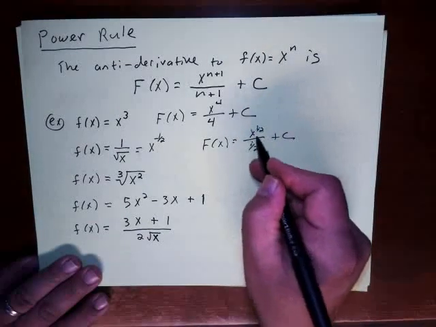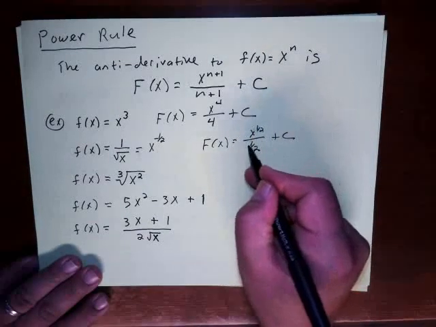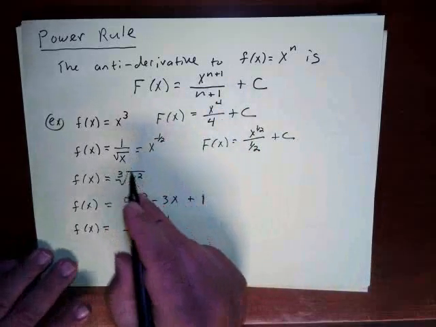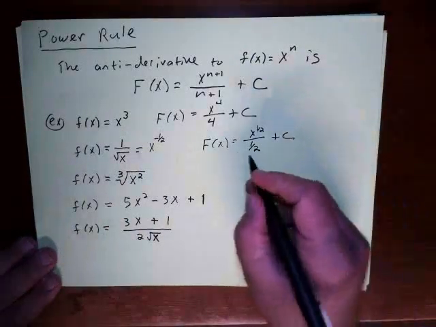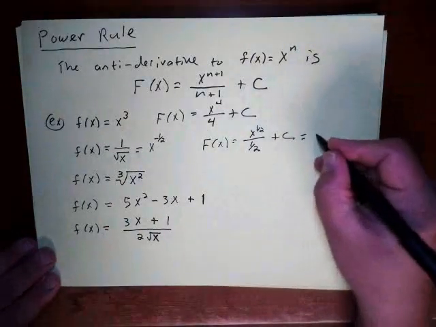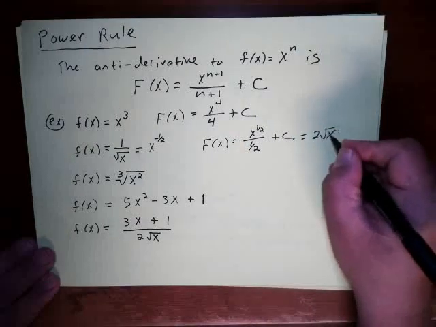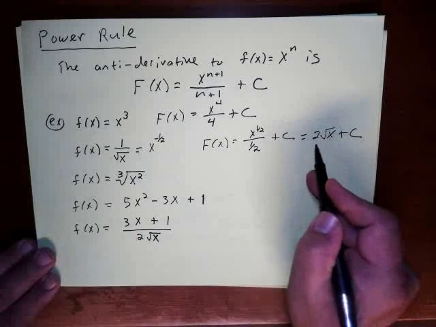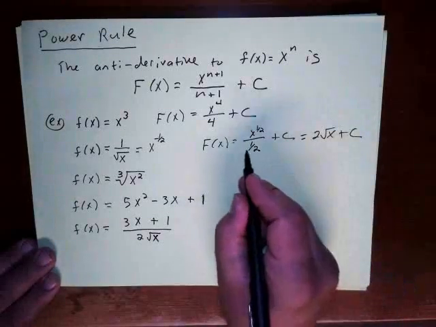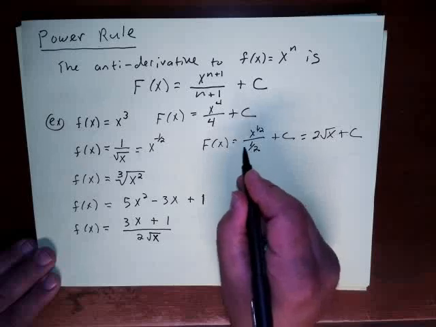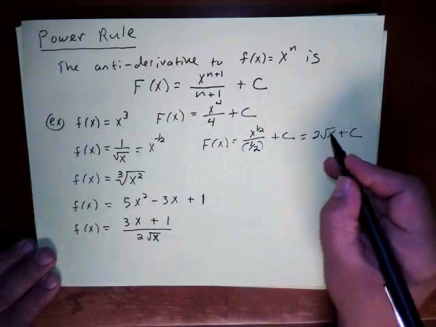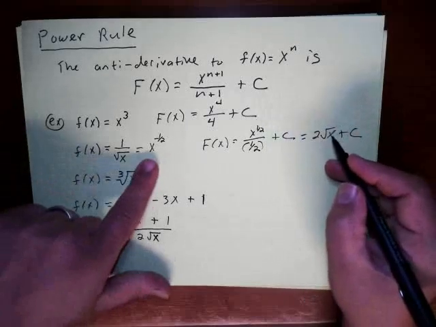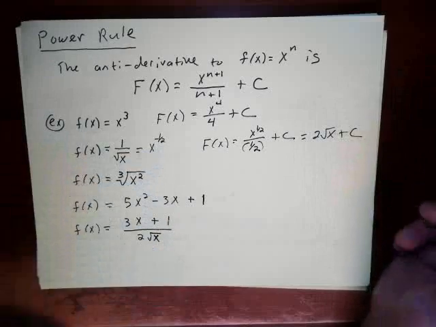So that 1/2 will get rid of this 1/2 when you bring it down, and then you subtract 1 from the exponent. So what I could do then is rewrite this as 2 square root of x plus c. What I did here, by the way, is I inverted the bottom and multiplied. So the 1/2 would come down, cancel out, subtract 1, you'd get the negative exponent, and then the plus c would go away.